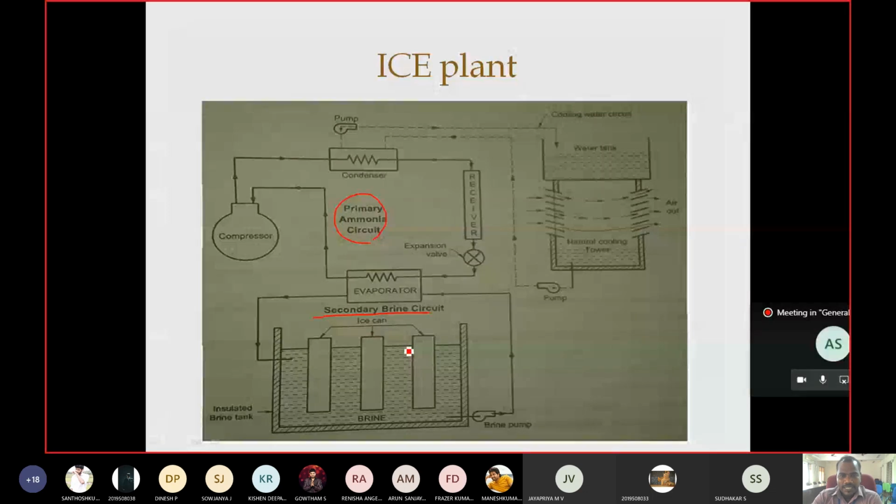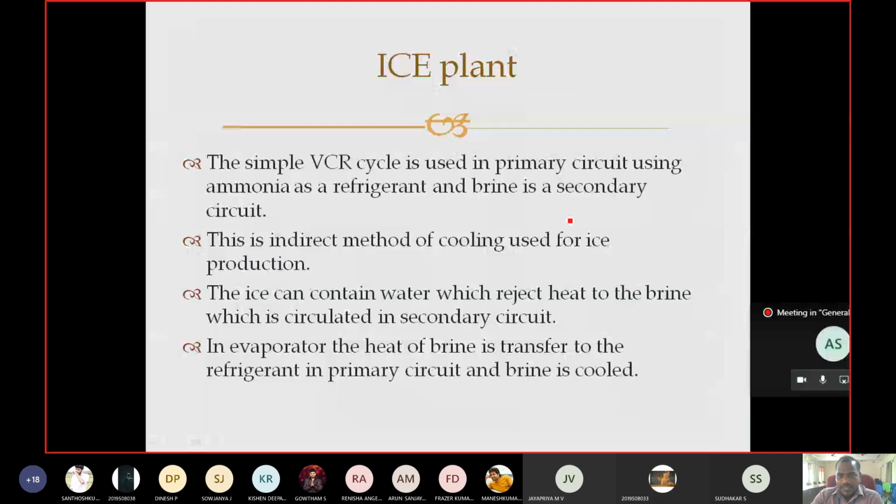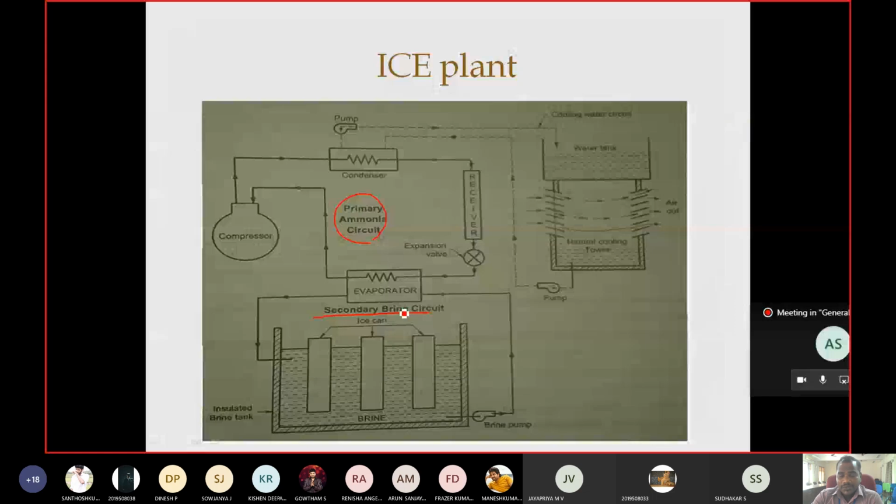Right. So in the primary ammonia circuit, there is a possibility to transfer the heat with the use of water, and also with this brine. If the cooling is transferred to the brine, there is a possibility to make ice. The ice will be formed in this ice can.